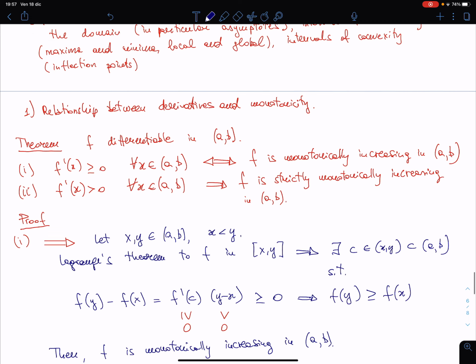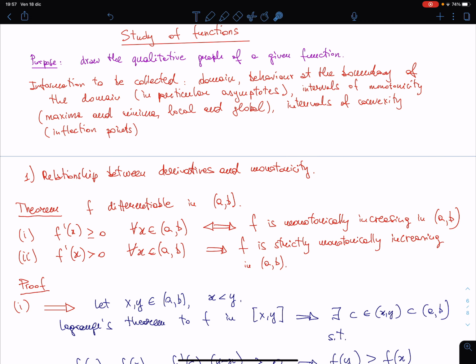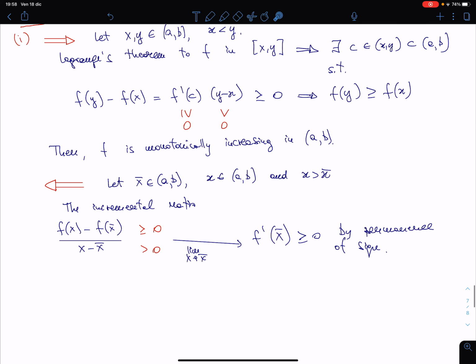And now we go to the second part of the theorem. Here the hypothesis is just that f prime of x is strictly larger than 0.